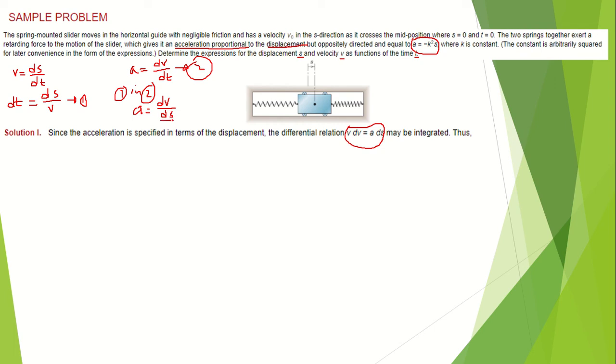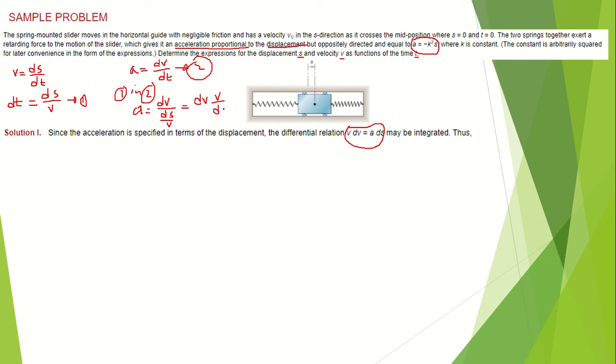When you simplify this, it becomes division of fractions: dv over 1, you invert the divisor, so this becomes dv times v over ds.